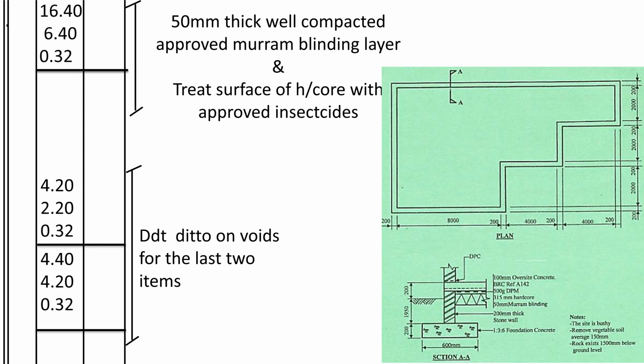We shall take the internal dimensions of the length and the internal dimensions of the width up to here. Then we shall deduct the voids. The voids are up to there. The Murram is usually laid on top of the hardcore. The same dimensions, just like we measured in the previous one.